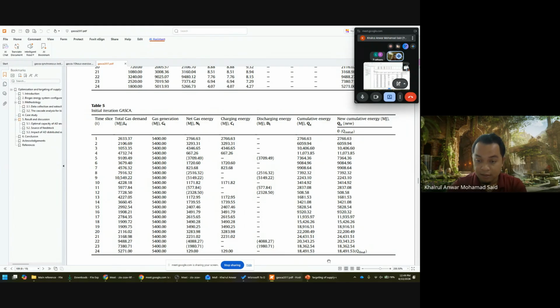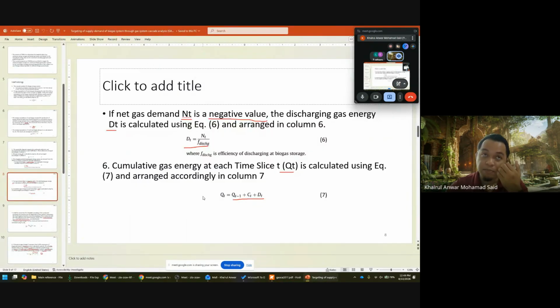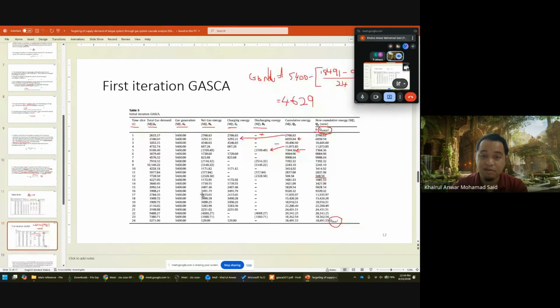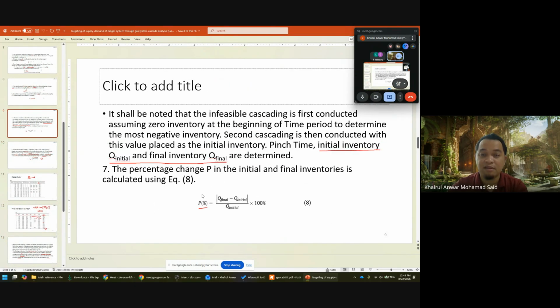Okay. Next, to determine whether we need another iteration or not, we calculate P. It should be noted that initial cascading is first conducted assuming zero inventory, which is when you do the initial iteration, start with zero.